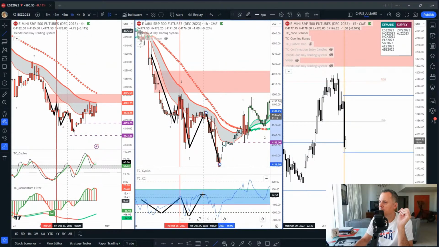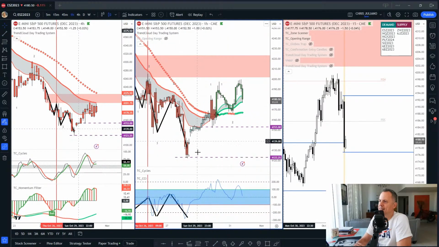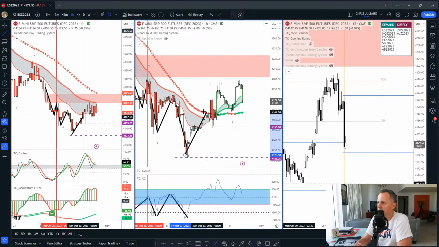Then price went extended. It wanted to break above positive 100, and above the 50 simple.